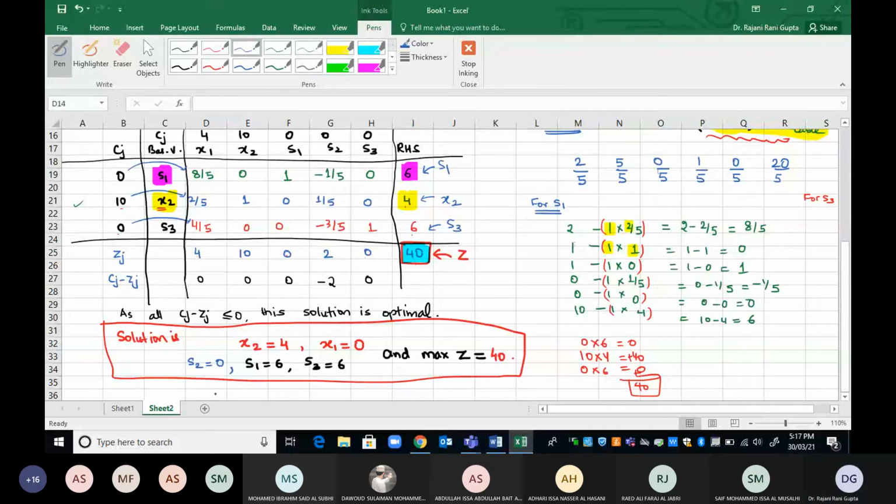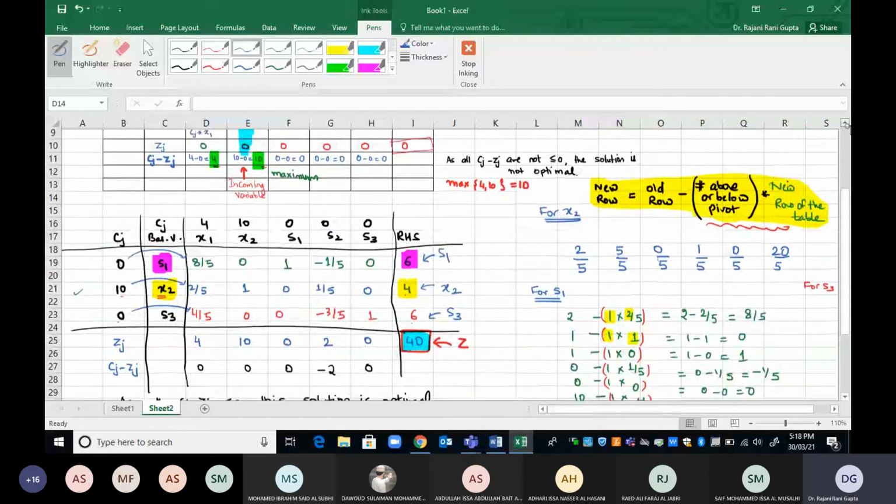Now, suppose here, if all are not positive, that is 0 or less than 0, but if one of them is greater than 0, meaning instead of -2 this is +2, then what will happen? You have to repeat the procedure like this.